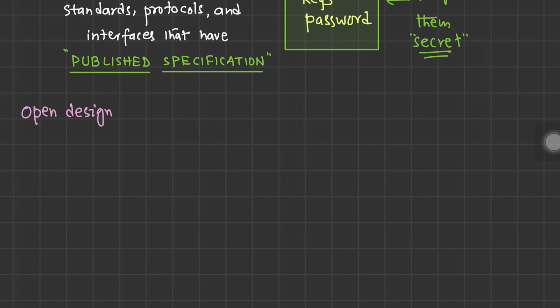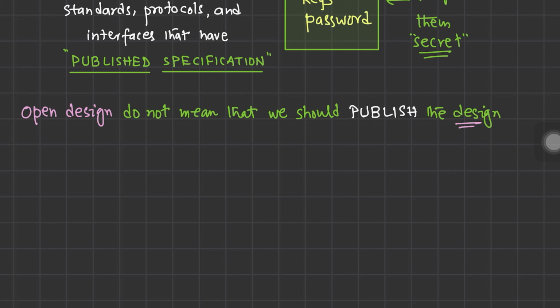But this does not mean that if a system is designed on open standards, we have an obligation of sharing the end product or end design with the general public. It's not that way. We can keep the design obscure, or we can apply internal data classification labels to the design, and if we are sharing those designs with some customers or vendors, we can sign a non-disclosure agreement if that's necessary, right?